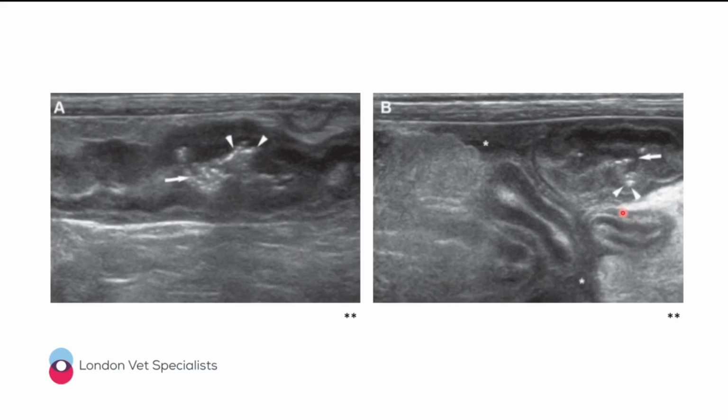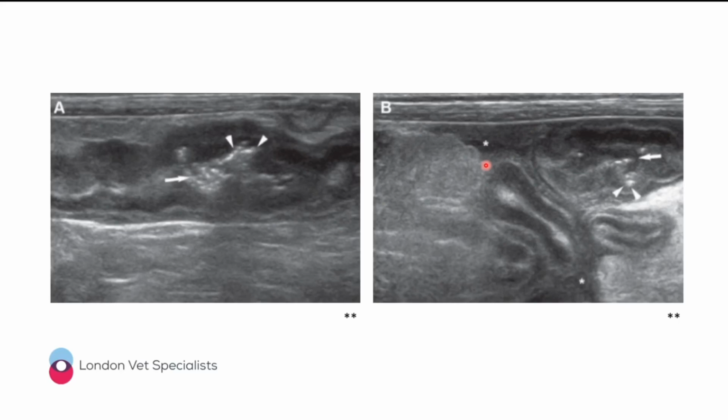And in B, as well as seeing gas within the wall of the small bowel, we've also got associated peritoneal effusion here, illustrated by this little asterisk, and then we've got a peritonitis. So this mesenteric fat just next to this peritoneal effusion, and this ulcer is looking very thick and very inflamed. So an ulcer and an associated peritoneal effusion and an associated peritonitis, and certainly those changes quite often go together.